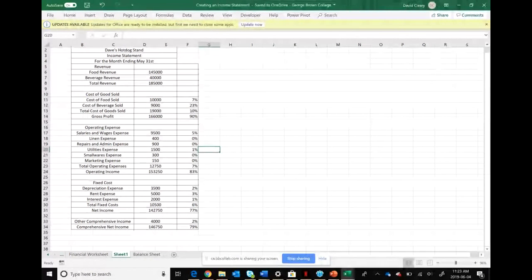Does anybody have any questions about the form of the income statement we just created? Did you see how the three sections interact? You have the first section, gross profit, the second section, operating income, and the third section is your net profit, net income.